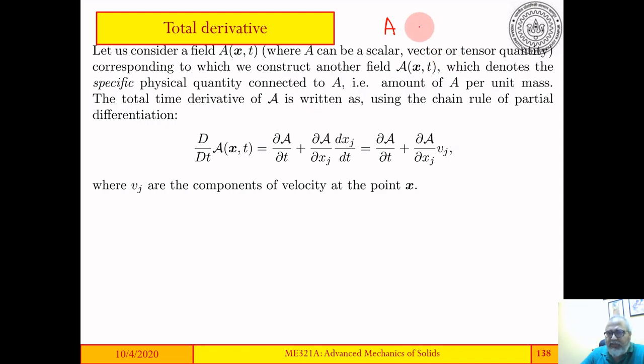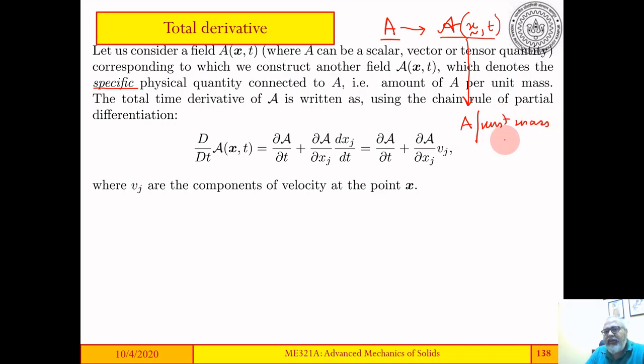Corresponding to this quantity, we derive a quantity which we will denote by this fancy A, which can vary from point to point and which can vary with time as well. And this is known as a specific quantity corresponding to this quantity A. So this specific quantity is simply A per unit mass.